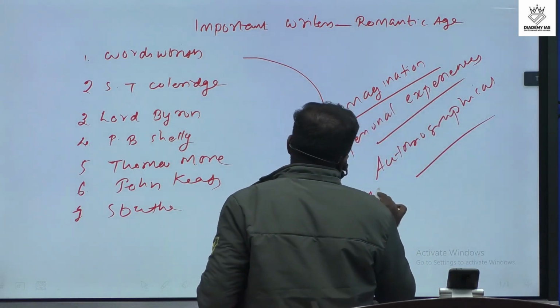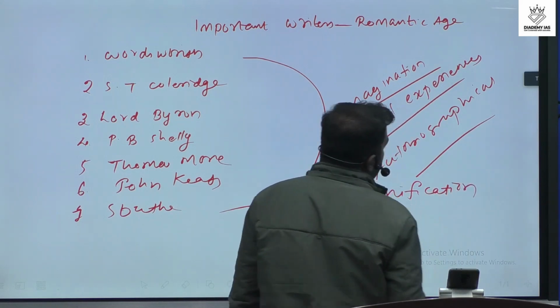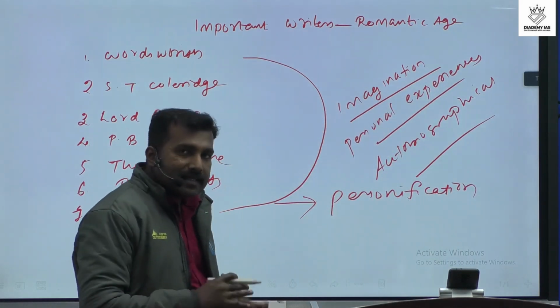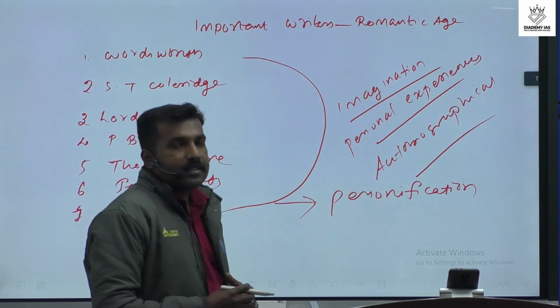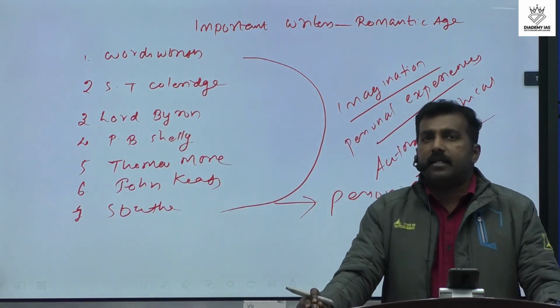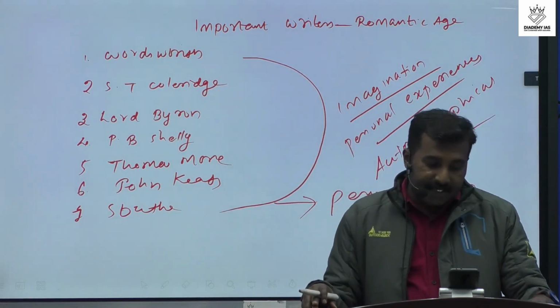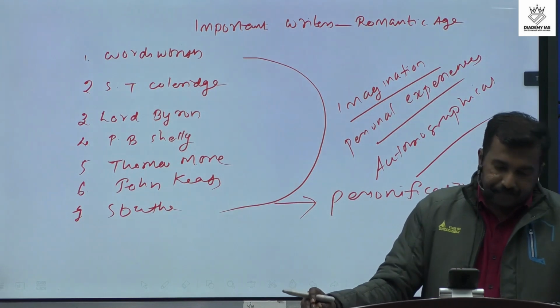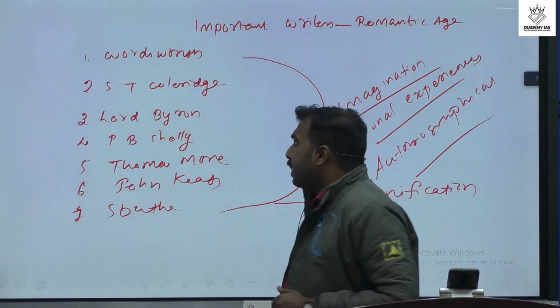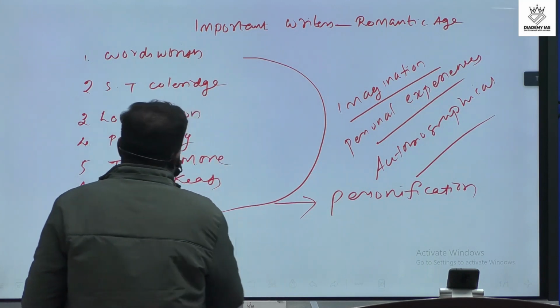The important feature is personification. They used personification as the common feature. So these are the important features relating to the writers during the Romantic age.